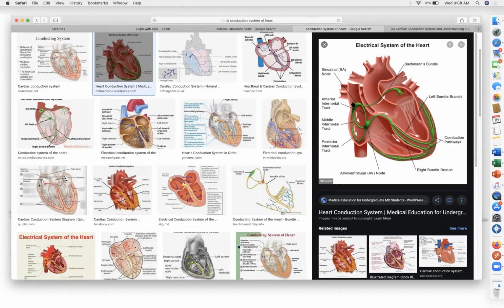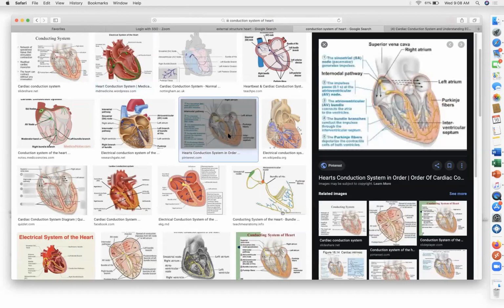And you can see it's in the superior portion of the right atrium, right in front of the door of the superior vena cava. Then you have your AV node, right? This is not a very good picture, let's try a better one. Here's a better picture.